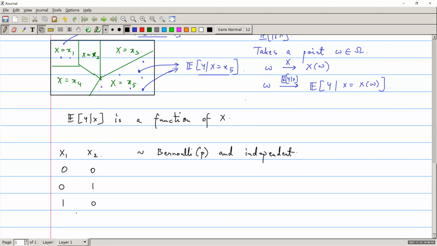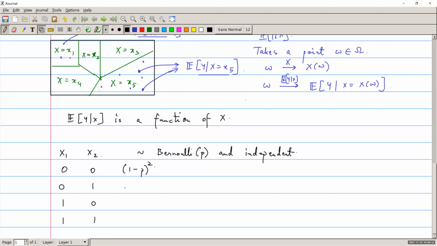Give me the probabilities of each of these. What's the probability both are 0? 1 minus p squared. 1 minus p squared, very good.